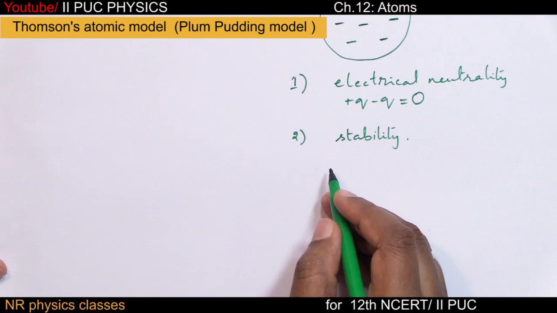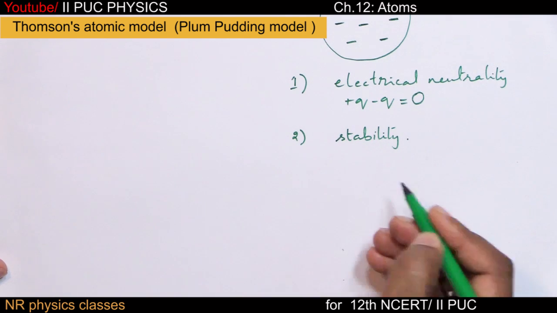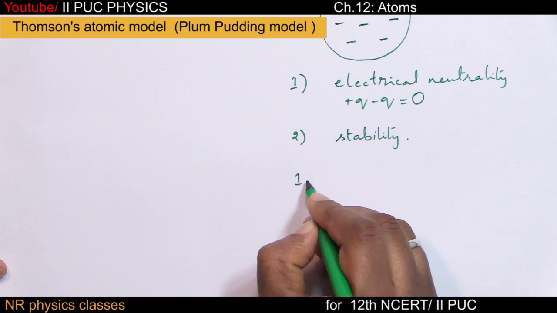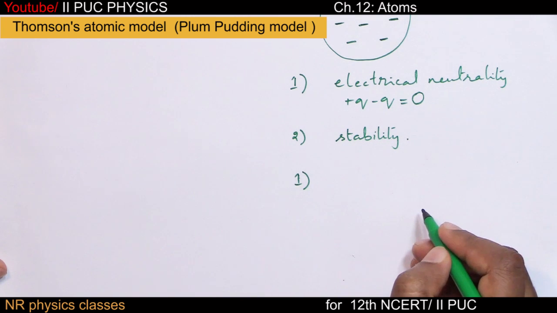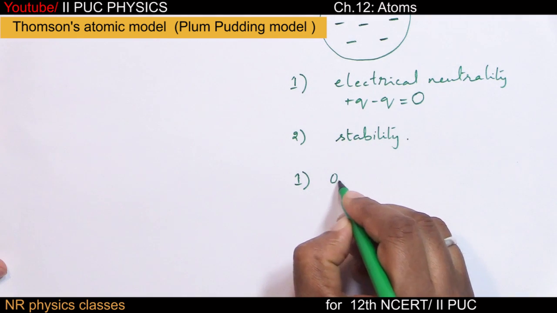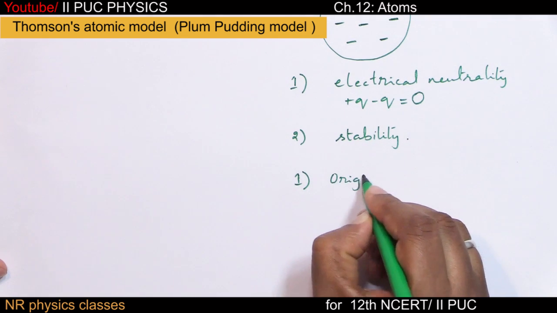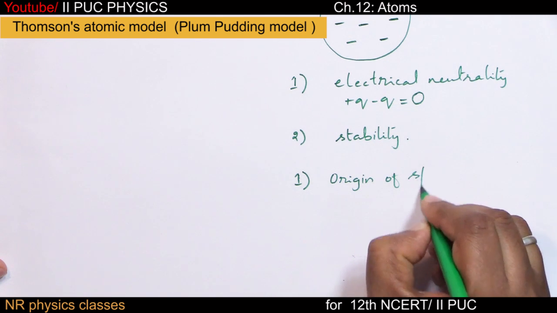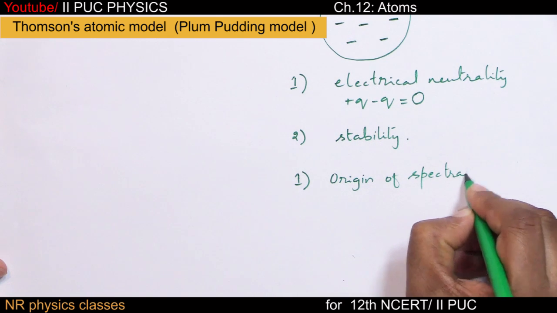Now what are the demerits of this atomic model? Demerits or failures. First one, the atomic model could not explain the origin of spectral lines.